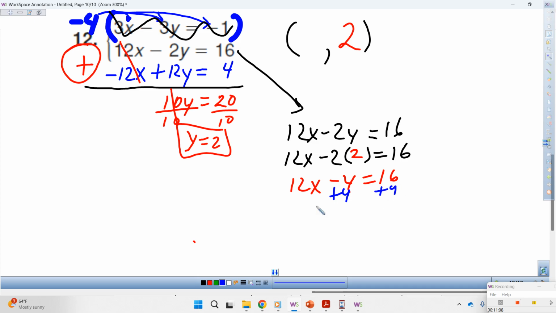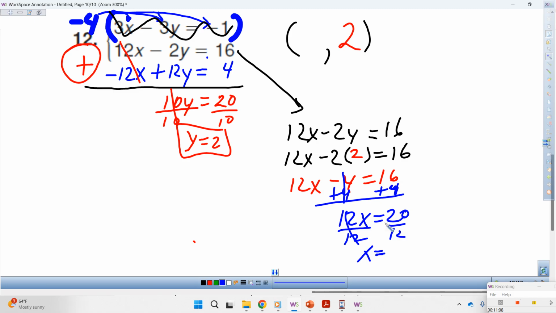Plus 4, plus 4. We got 12x equals 20. Divide by 12, divide by 12. X equals 20 over 12. Did I make a mistake? Let's see, 12x minus 2y equals 16. 12x minus 2 times 2 equals 16. Add 4.